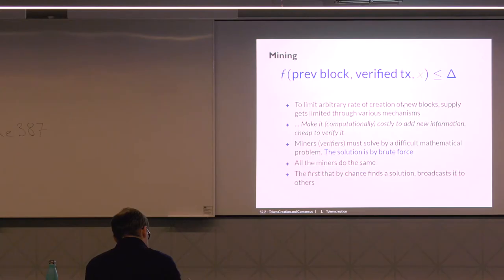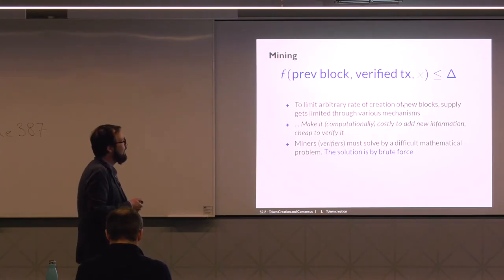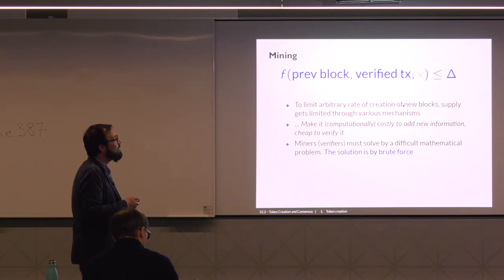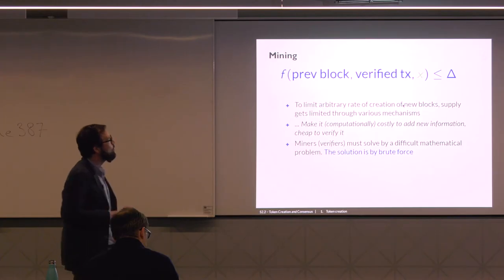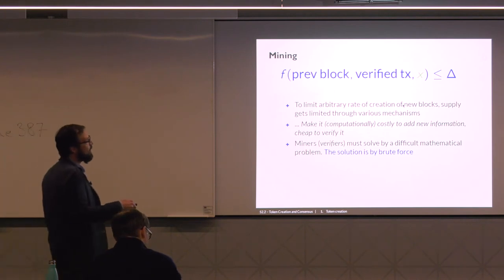Then, the third element that you put inside of your block is the one unknown, and this is exactly what you must find. You must find the number such that when you apply this number together with these two hashes to the function, the result that you obtain is smaller or equal than a threshold.